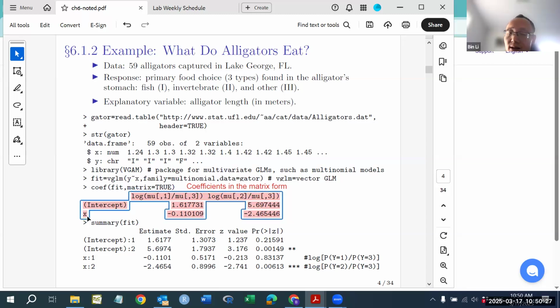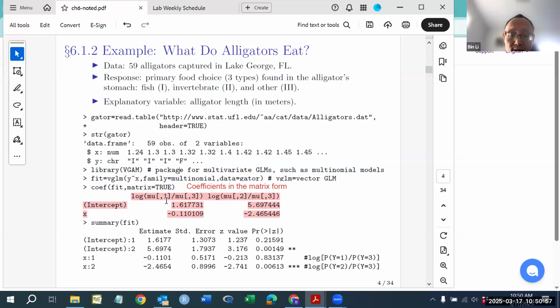The second row is the coefficient for the length. If we have more than one x variable, we will have additional rows. For the columns, we have two columns because we have three types, right? So we have the log odds for categories 1 and 3, and categories 2 and 3, because the last group, the third category, is treated as the baseline group.